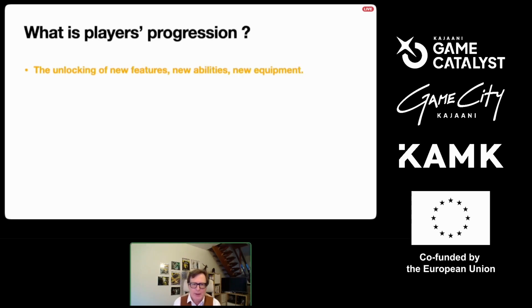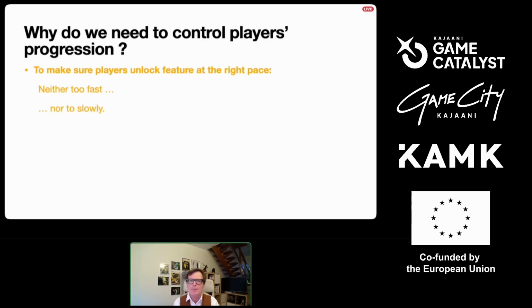To be clear, in my definition, and I think that's everybody's definition, players' progression describes what items players will unlock and the conditions to do so as they play the game. As I explained early on, ideally players should not progress at the same pace. Initially, we want them to progress fast so we can spoil them with many rewards.